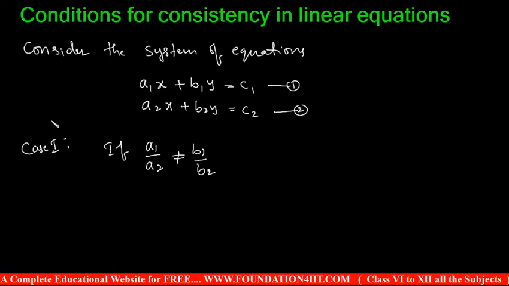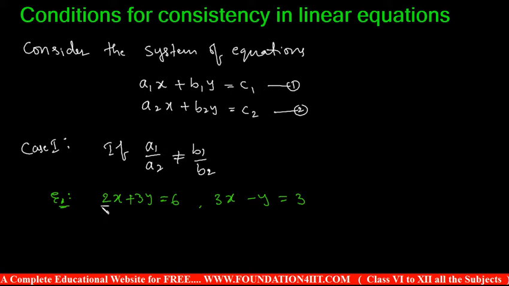Let's take one example and I'll show. For example, let me take two linear equations. 2x plus 3y is equal to 6, this is equation 1, and one more is 3x minus y is equal to 3. Let these two be the equations. If you solve graphically, we'll get only a unique solution because it satisfies a1 by a2 not equal to b1 by b2. Here are the coefficients.